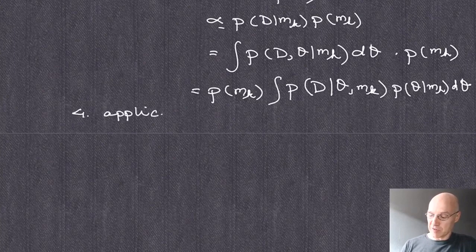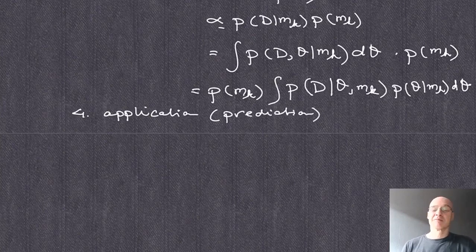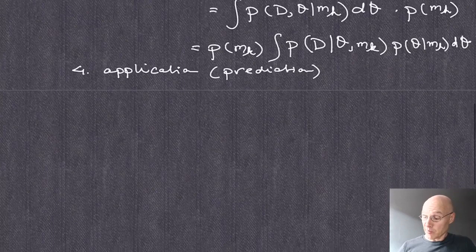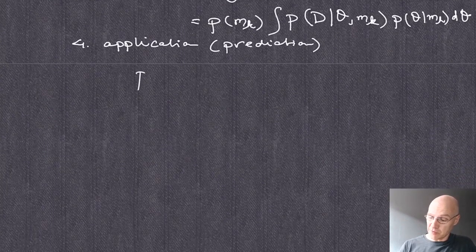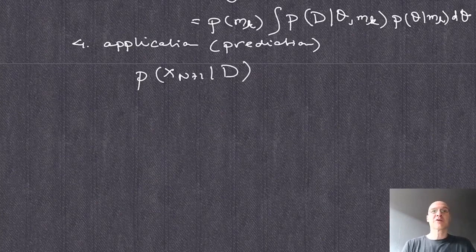Now we want to use our model for the application. In this case, it's a prediction problem, but it could be a classification problem, it could be any other problem. Well, what do we do in prediction? Well, we want to compute the probability of the next point given the data. That's what we want to compute.